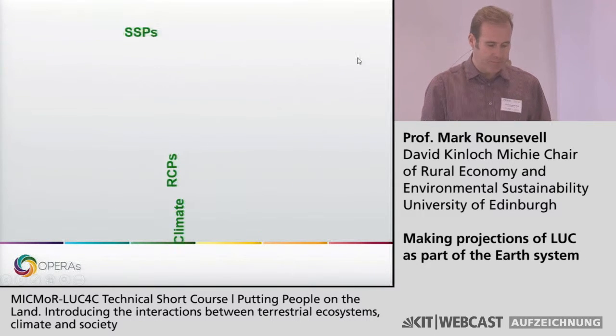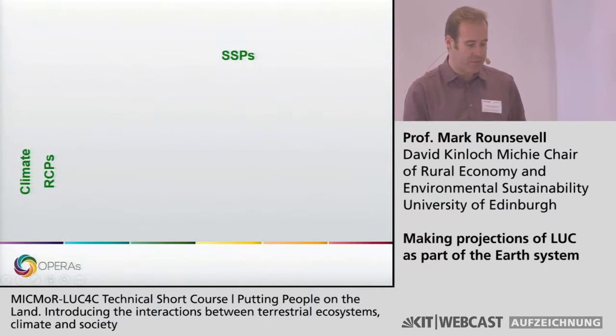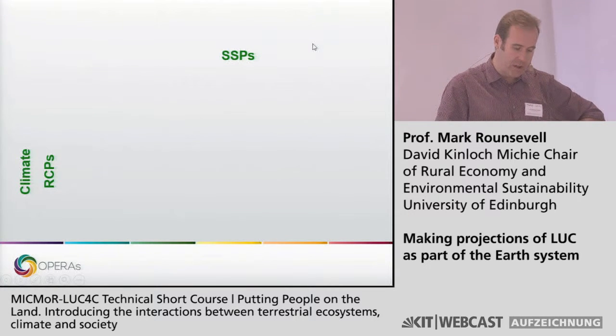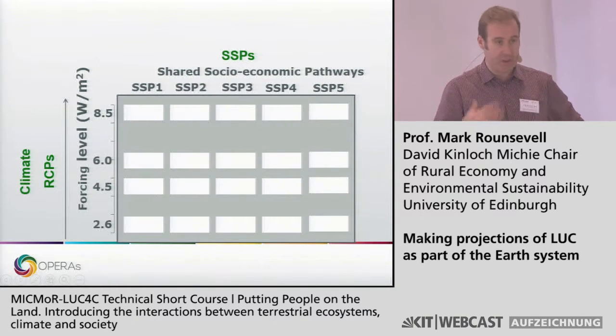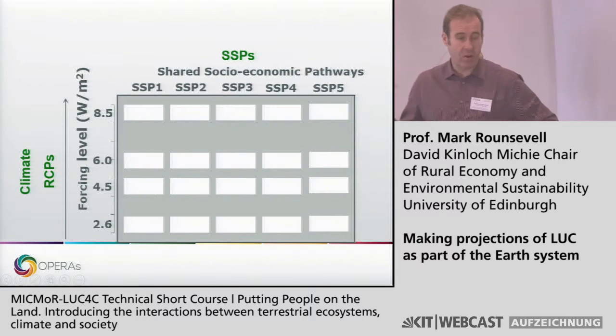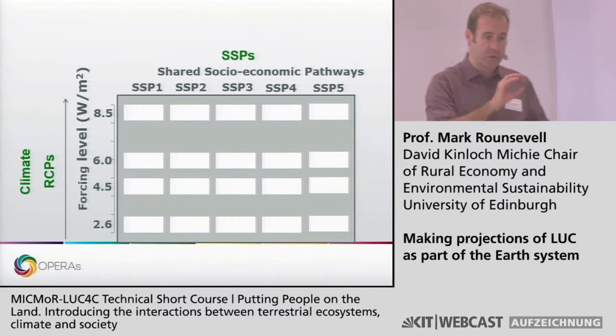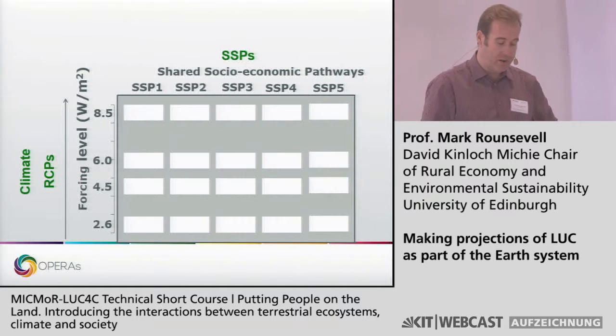In principle then, what you have with the new scenario framework is a combination of RCPs, which give the radiative forcing level, and the SSPs, the shared socio-economic pathways. And you, in principle, can explore a whole range of combinations of individual future climates on the left-hand side against future socio-economics.